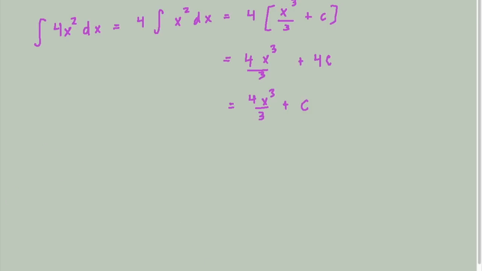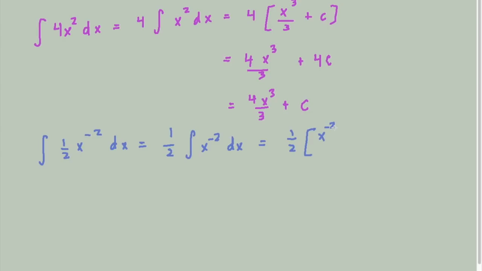Let's look at another example. Let's try 1/2 x to the negative 2 with respect to x. So we'll take the antiderivative of 1/2 x to the negative 2 with respect to x. First step is to move this 1/2 outside. We'll multiply that back in later. Then we'll take the antiderivative of this, keeping that 1/2 outside. That will get multiplied back in.